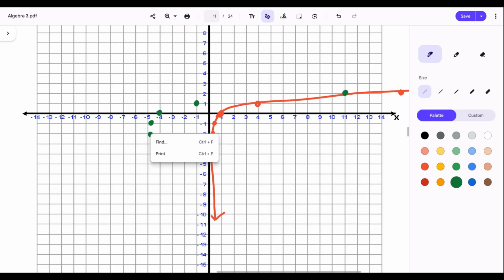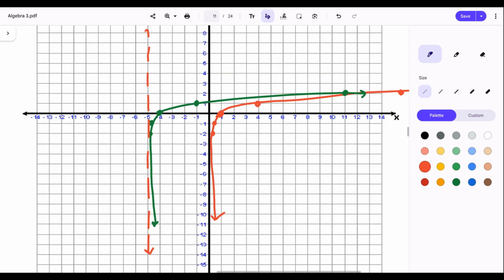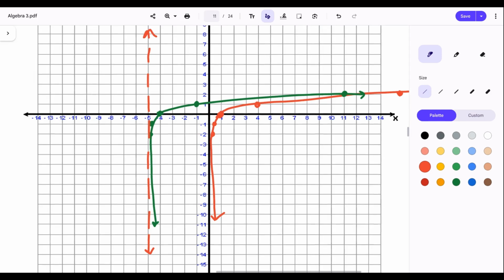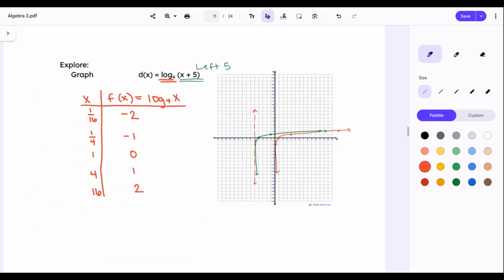So now we can see our new line here. And you can also see how that new asymptote would be at -5. So you could draw that in too if you really wanted to see that. Like so. All right, any questions on how to use the transformations there?